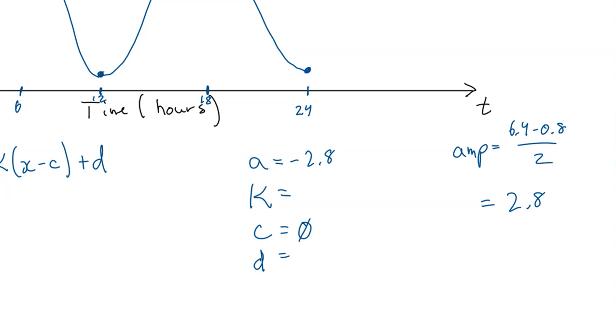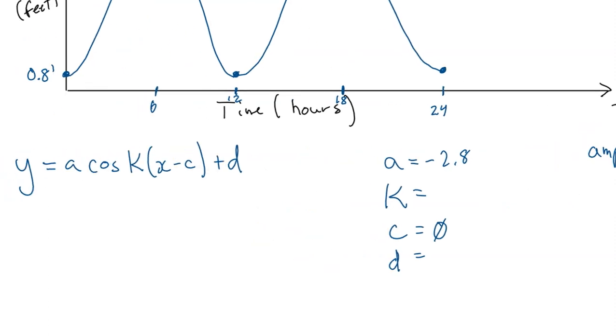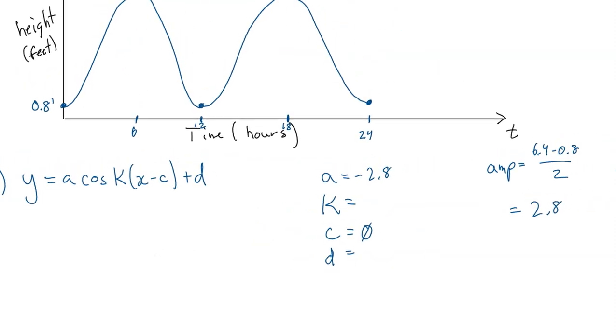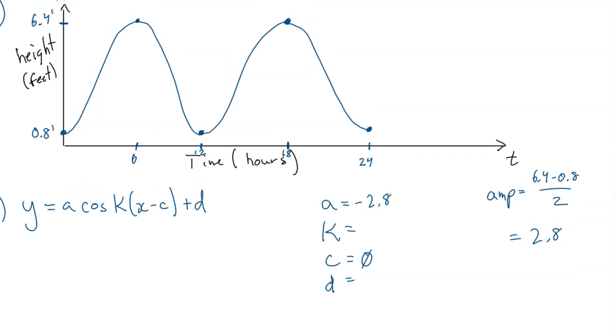Now I can find D. Now that I have the amplitude, it's going to be a little bit easier to find D. There are two ways of finding D. I can find the middle of the max and the min. So to find the amplitude, I do 6.4 minus 0.8 divided by 2.